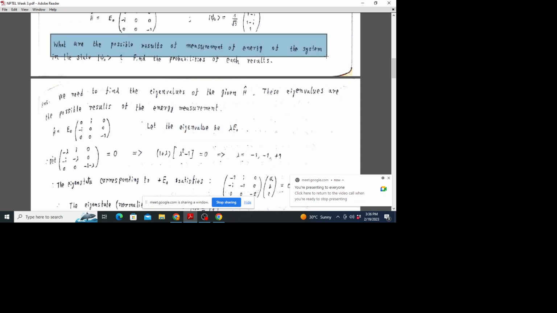These will be the two possibilities of our energy measurement. That answers our first question, the possible results of energy measurement. Now find the probabilities of each result.